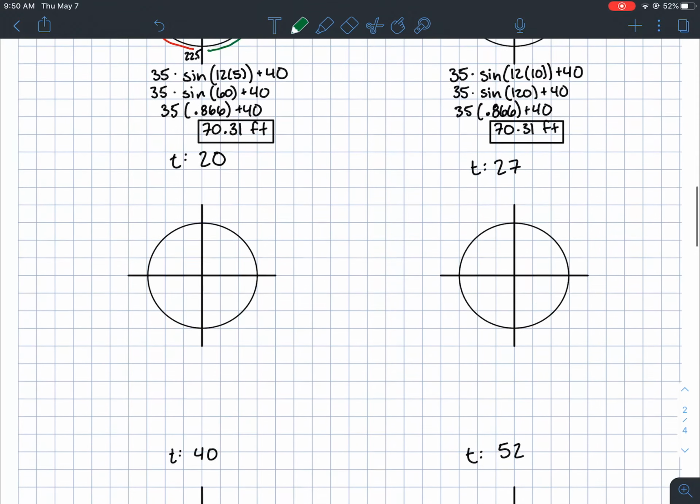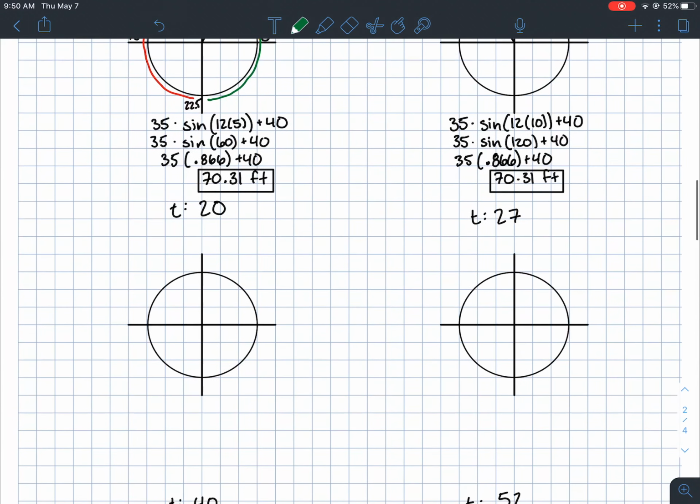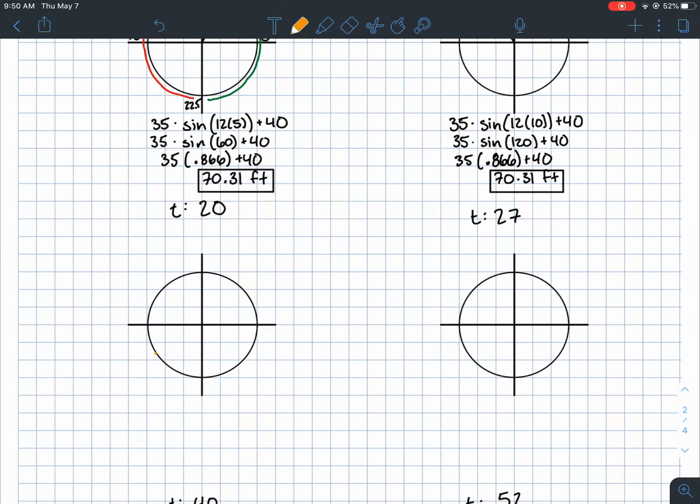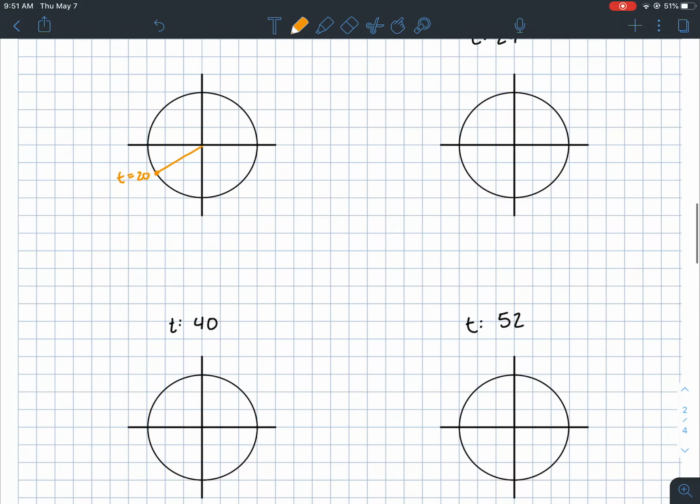So if we have t of 20, that's going to be about right here. Now we're below the midline, so our answer should be something less than 40. If we plug that in, where t is 20, we use our same equation.